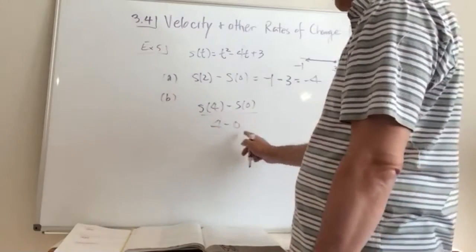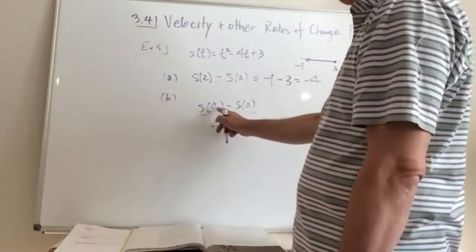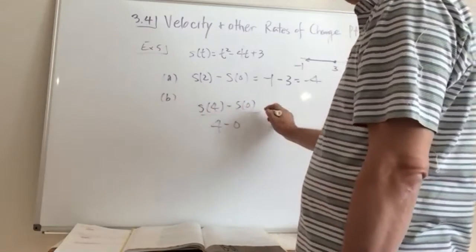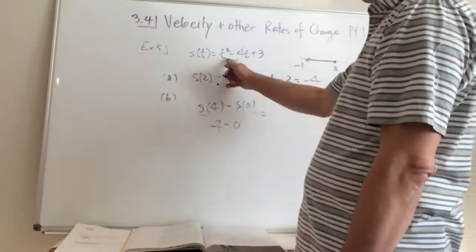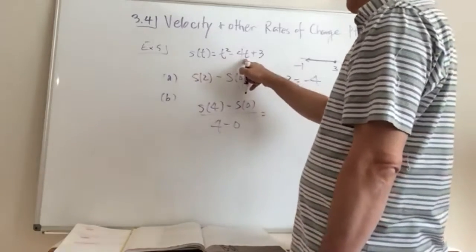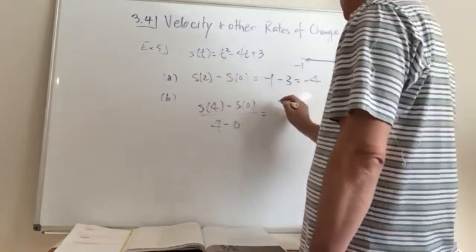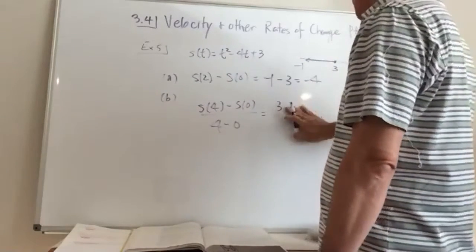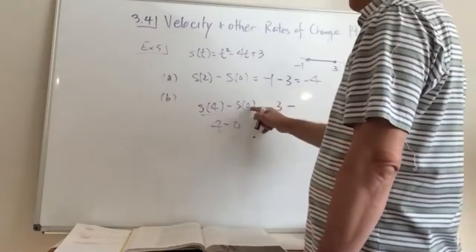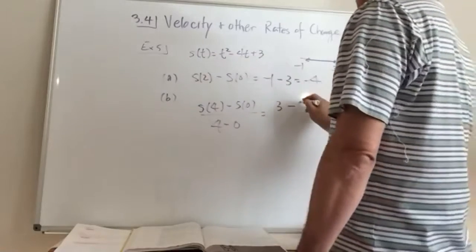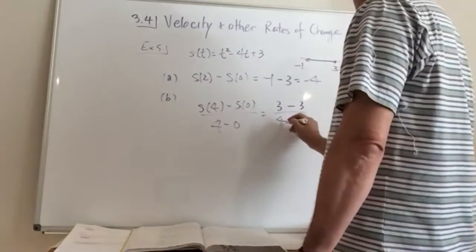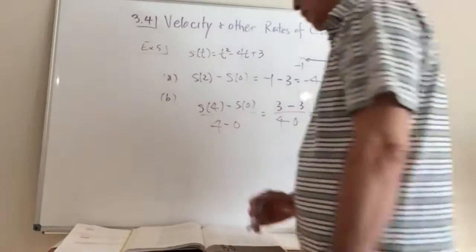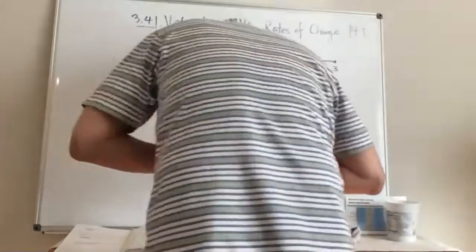So this is the Y when X equals 4 and Y when X equals 0. For X equals 4, I get 16 minus 16 plus 3, which is 3, minus S of 0, which is 3. So 0 over 4 is 0. So it looks like it's 0.